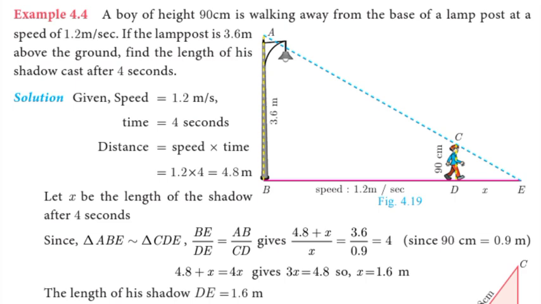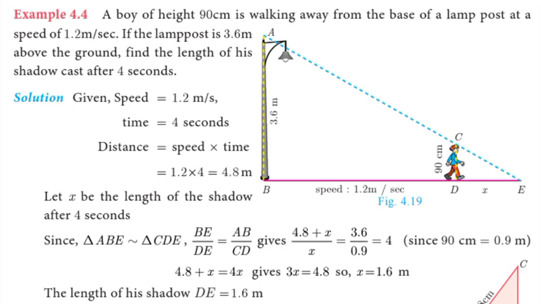Triangle ABE is similar to triangle CDE. Therefore, BE divided by DE equal to AB by CD. What is the BE value? x plus 4.8, since BD value is 4.8. Therefore, x plus 4.8 divided by DE, which is x, equal to AB by CD.